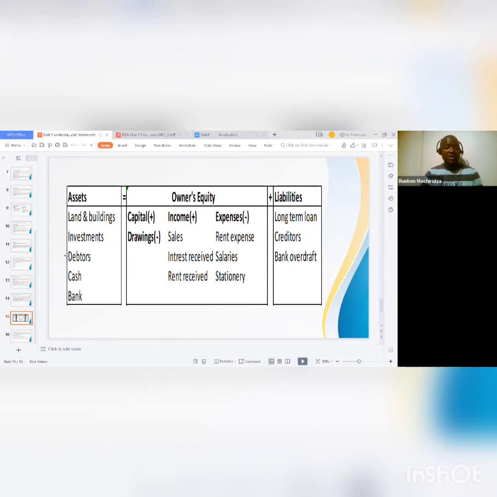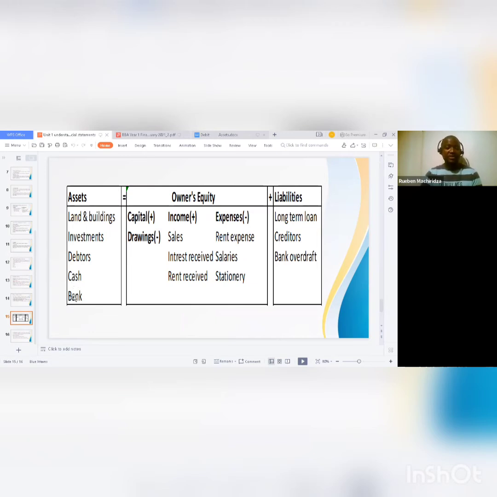So we cannot have debtors that go to the next period. Otherwise, we'll face cash flow problems. So the debtors always pay as soon as possible, which means they automatically qualify as current assets, as well as the cash and the bank.